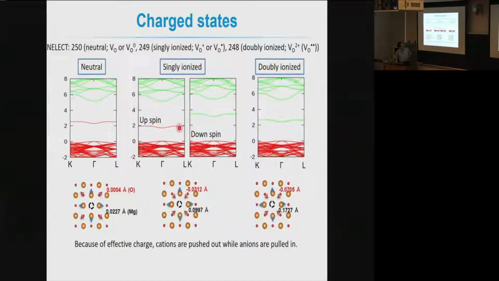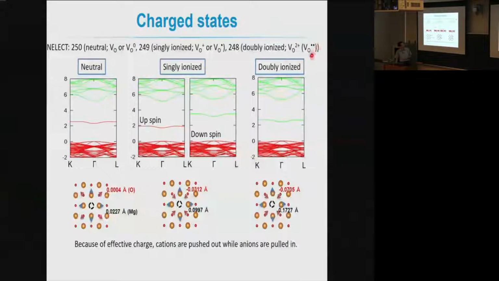Only 1 electron is occupying this defect level, and so the charge state is 1 plus. The neutral had 2 electrons, so this is 1 less electron. This is V_O^+ or, in Kröger-Vink notation, V_O with a dot, because it has a hole. Or you can remove 1 further electron by reducing the number of electrons to 248, and in this case it is a doubly ionized defect, V_O^2+ or V_O with a double dot.